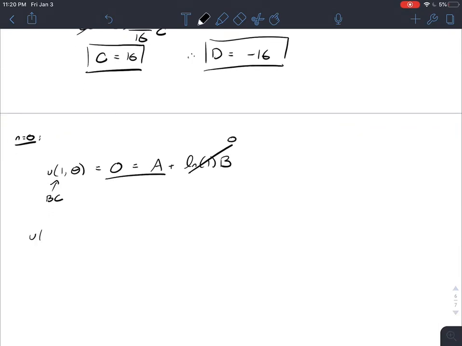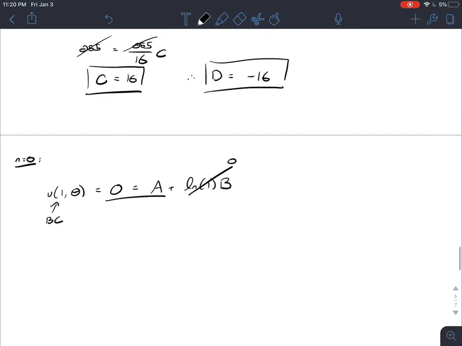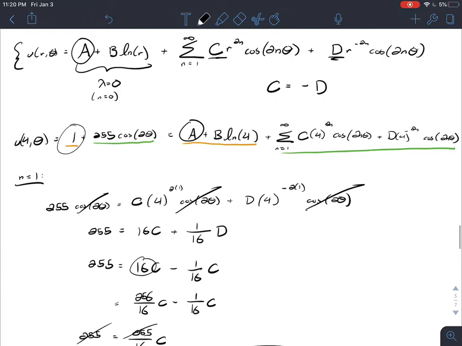This left-hand side of the equation is only equal to the right-hand side for this constant term 1 when n equals 0.